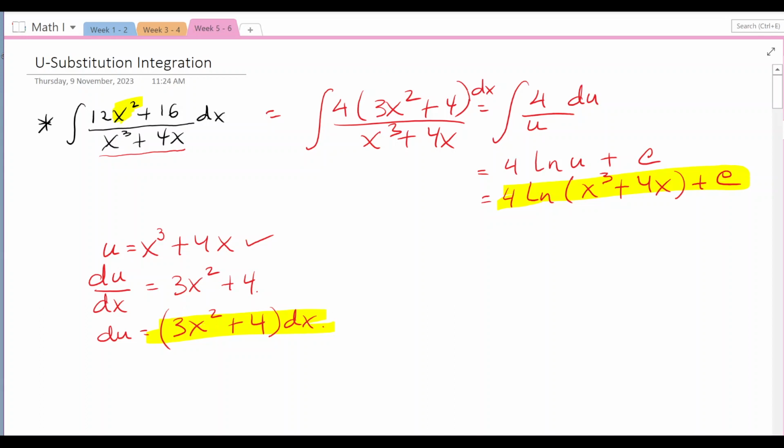Usually this is represented using an absolute value symbol like that.